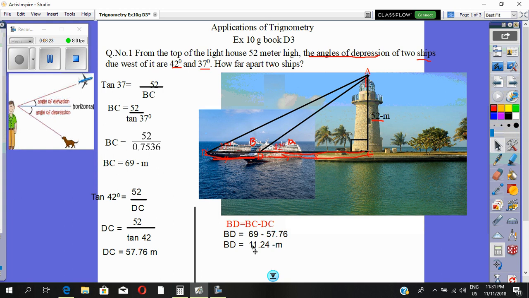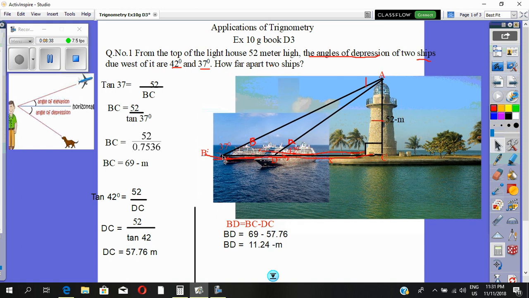When we subtract, we get the answer BD, that is 11.24, and this was our answer, means the distance between the two ships B and D.